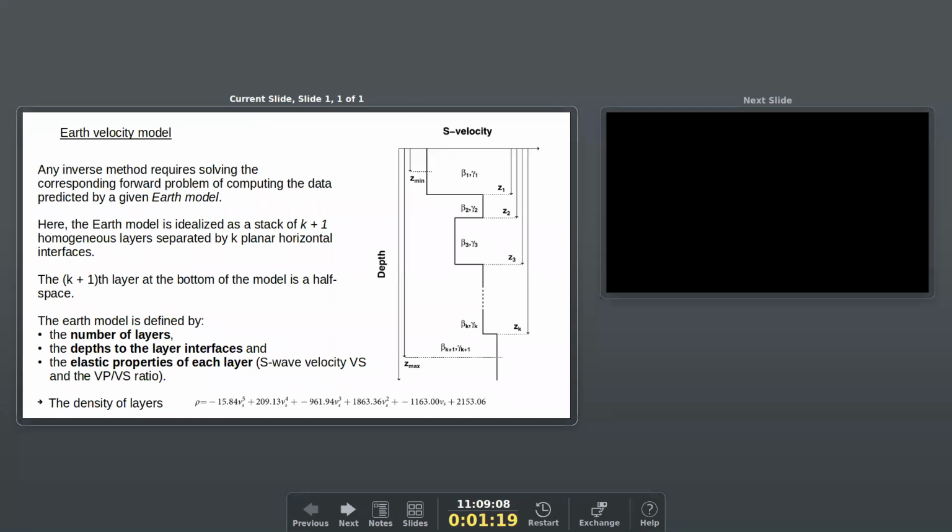So wait, let me move this. Okay. So let's say you have a velocity, you have an Earth structure. Wait, is it annotated? Oh, wait, sorry. I'm having problems today. Do you see the mark? Yes, yes. A blue mark. Okay, wait.